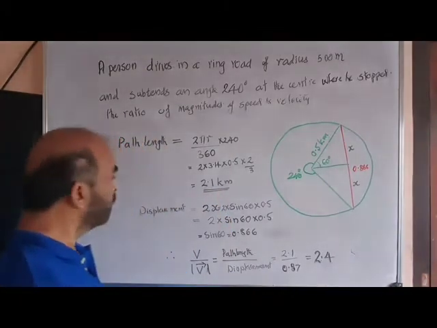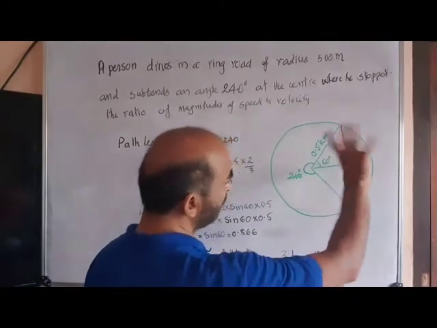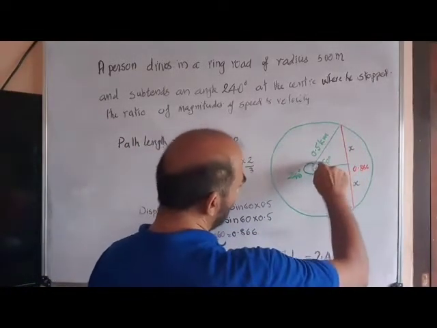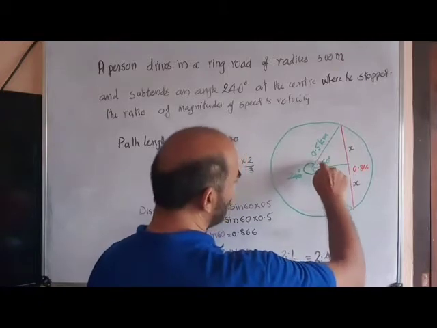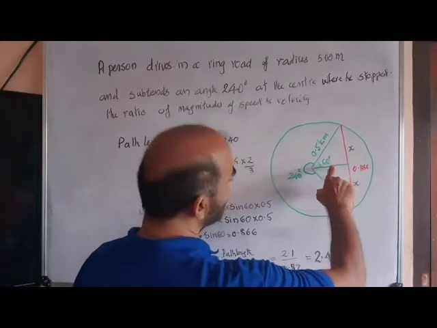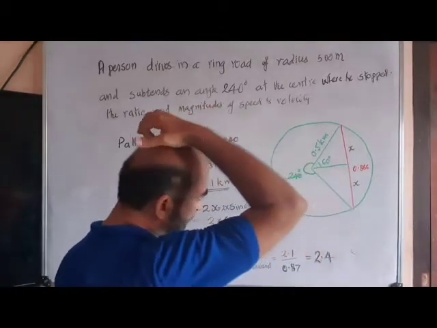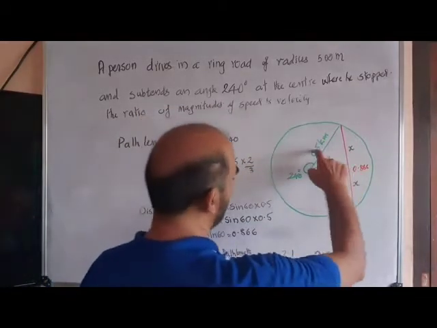Okay. Now, displacement. Look into this triangle. The total angle here is 120. So, half the angle is 60 degree. So, sine 60 is this x divided by 0.5. Opposite side by hypotenuse, x by 0.5.